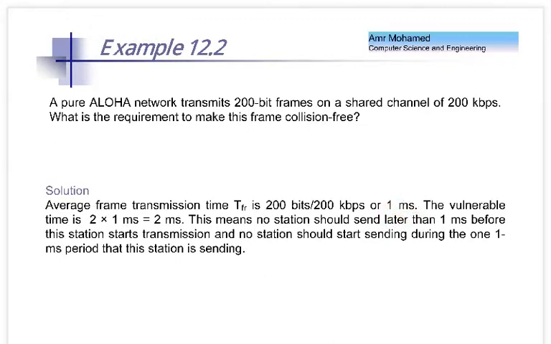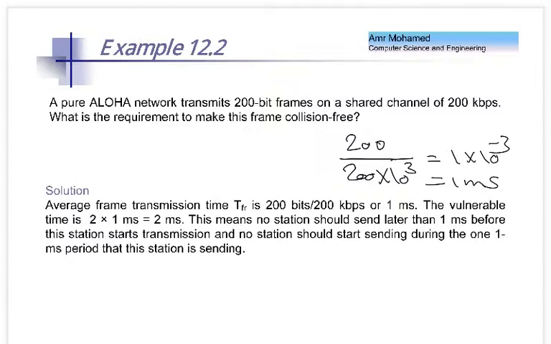That came from 200 divided by 200 times 10 to the power 3, which is 1 times 10 to the power minus 3, which is 1 millisecond. So the vulnerable time is simply double that time, which is 2 milliseconds.